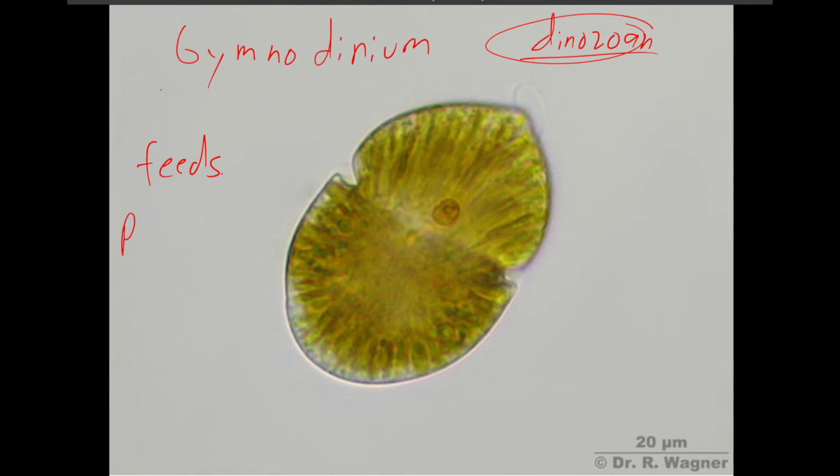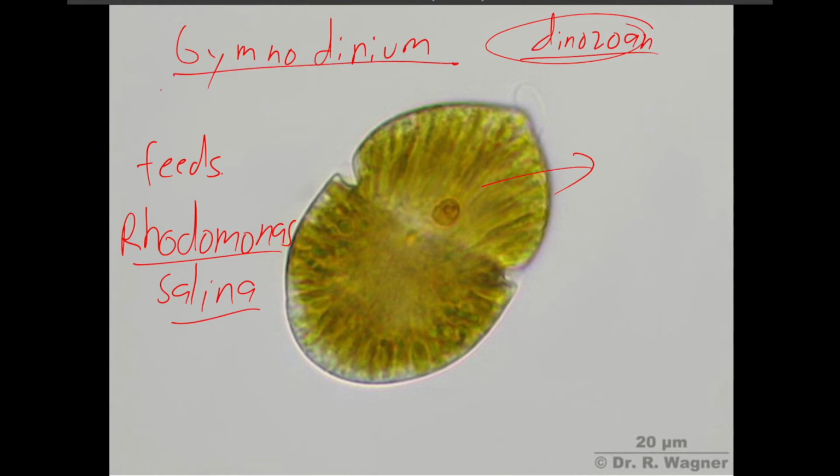So it feeds on a golden algae, your Rhodomonas. That's why it has this brown golden color to it, because it feeds on Rhodomonas salina. So Gymnodinium, a dinozoan, a dinoflagellate, feeds on another algae, a golden algae, your Rhodomonas salina.